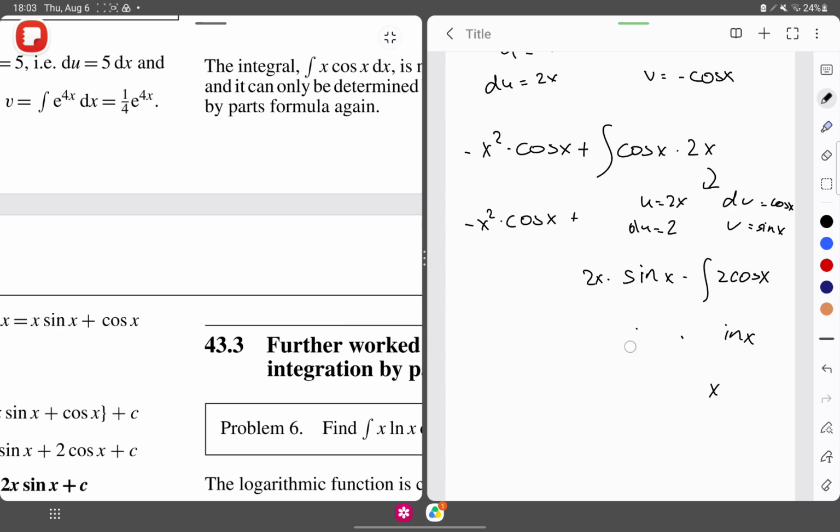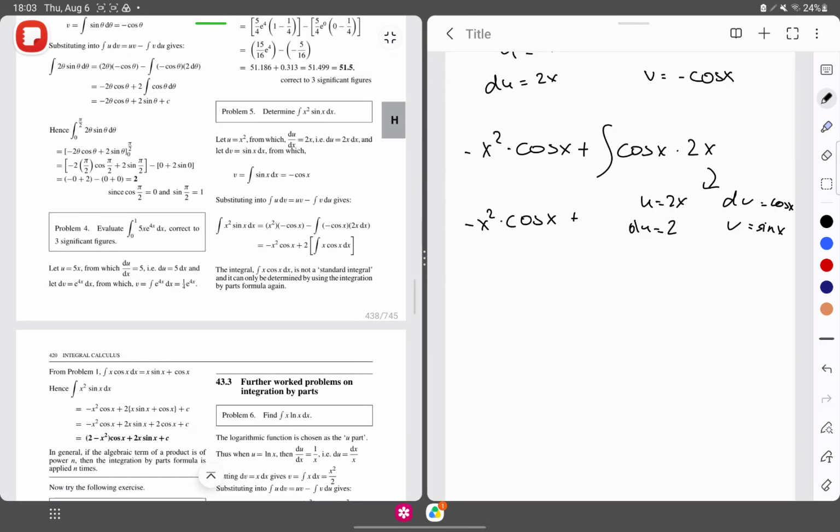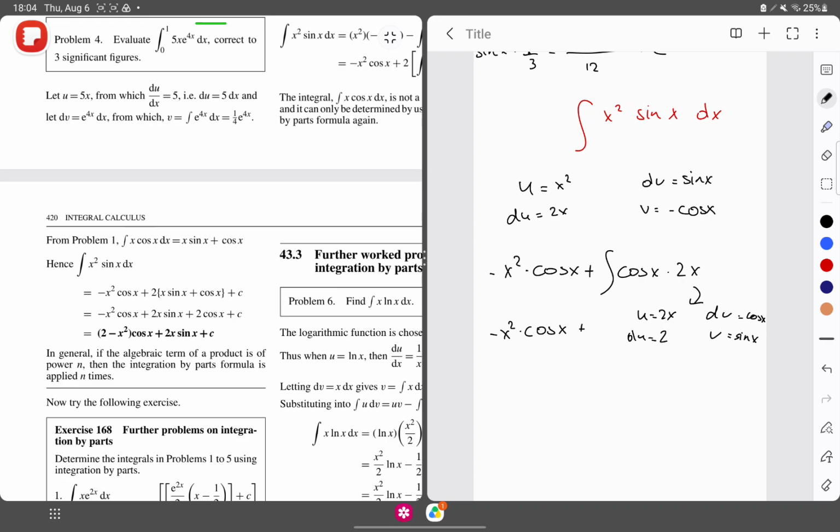I just want to try this one. So wait a second. I will ask this one to my teacher. I think that we need to use this again. Okay, let me see. What is this? I think that we need to do this one.